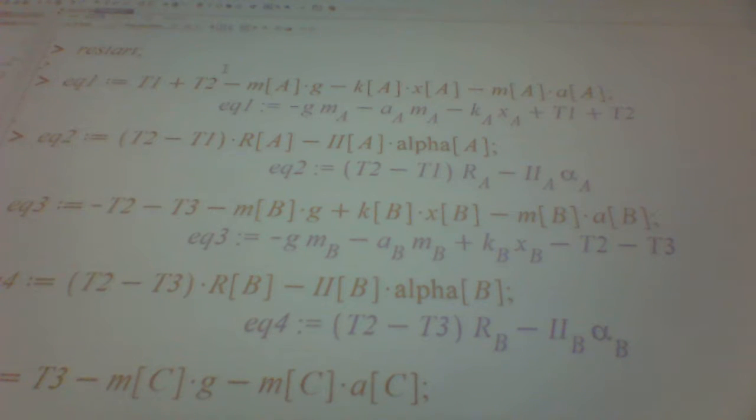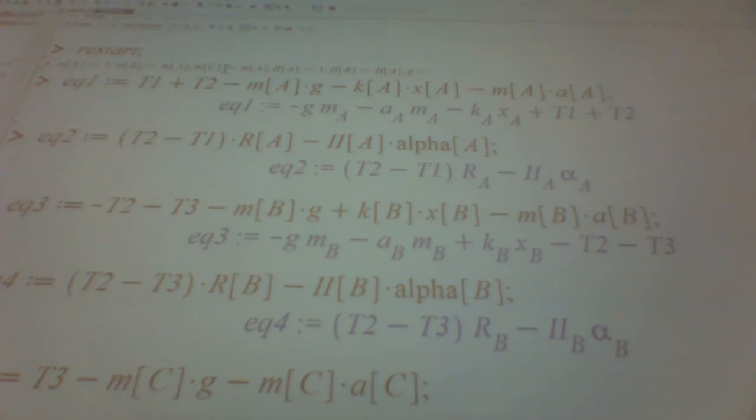So what could we think? Give me the values. M sub a, we can just put everything equal to 1, no? Sure. M sub b equal to M sub a. M sub c equal to M sub a. I of a equals 1. I of b equal to I of a.